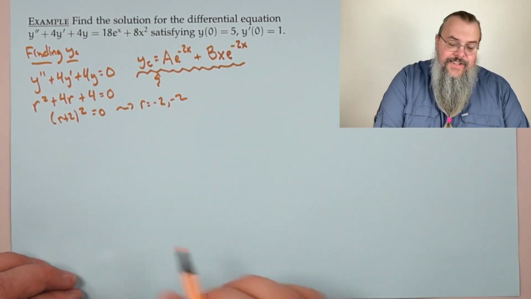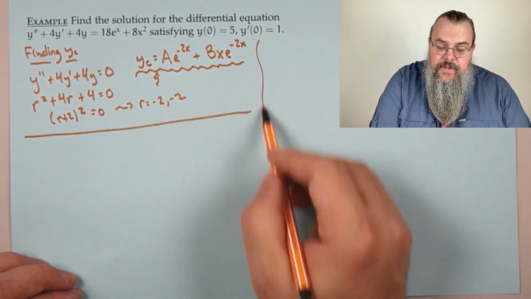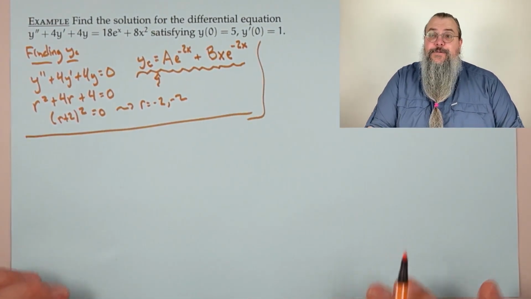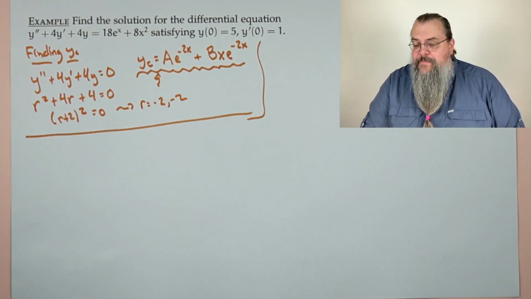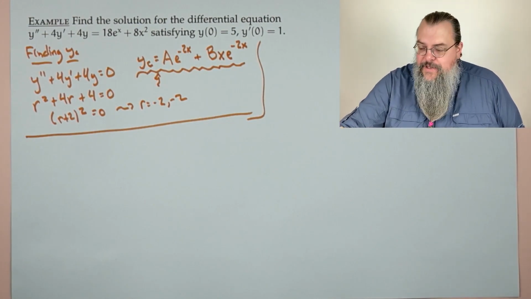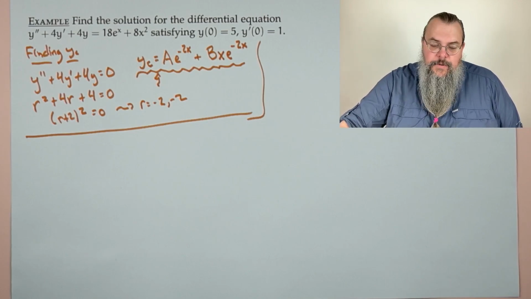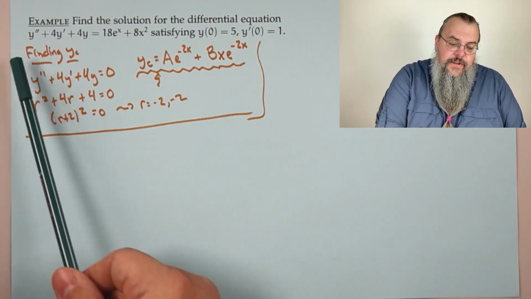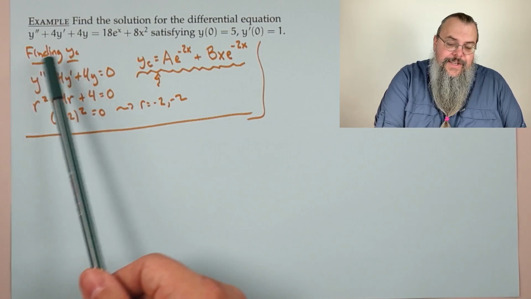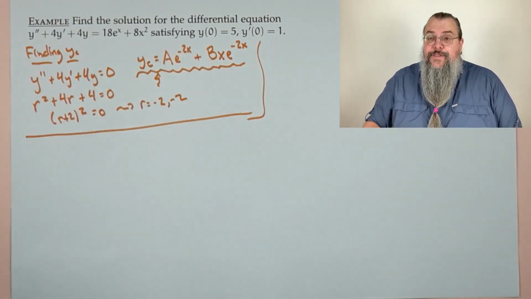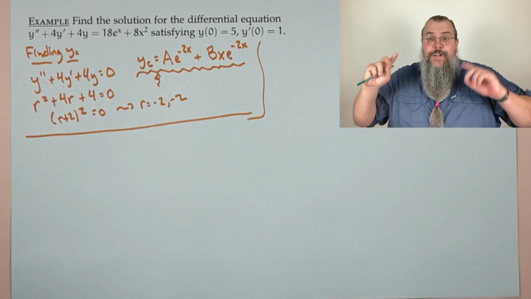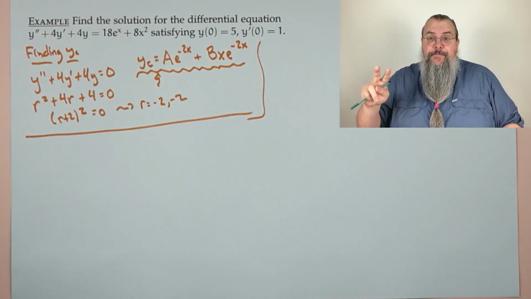All right, good. Now that we know the complementary solution, we can start going after the particular solution. And we're going to do method of undetermined coefficients. We know we can do that because we have constant coefficient, linear, and the right-hand side has nice pieces. We're going to talk about a second method next time.